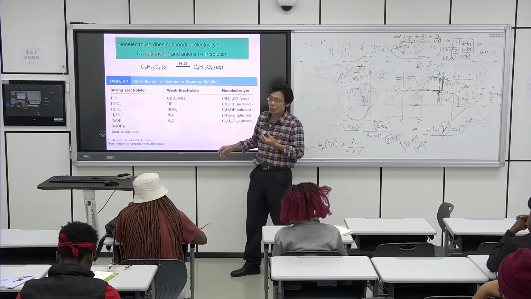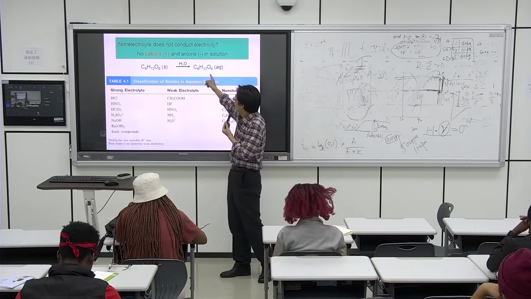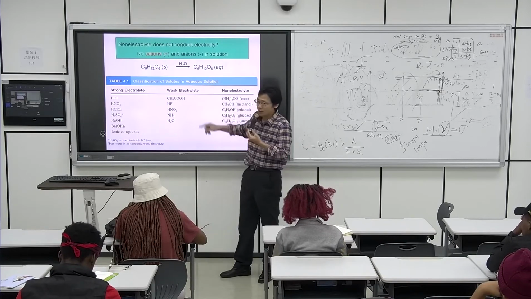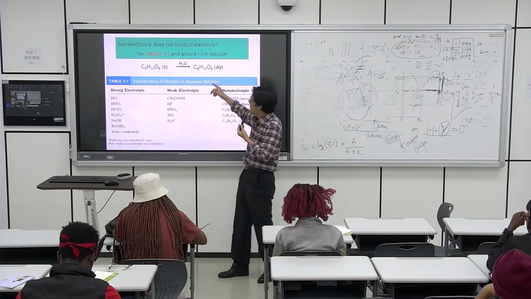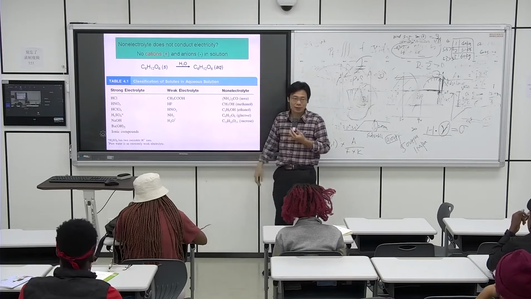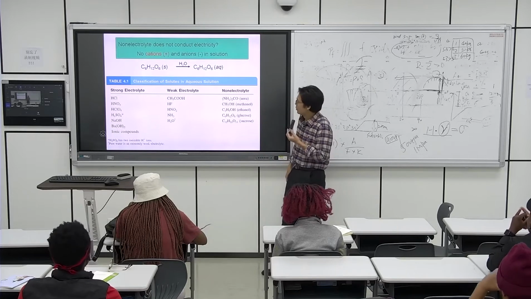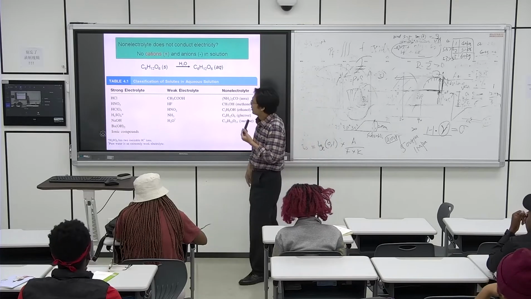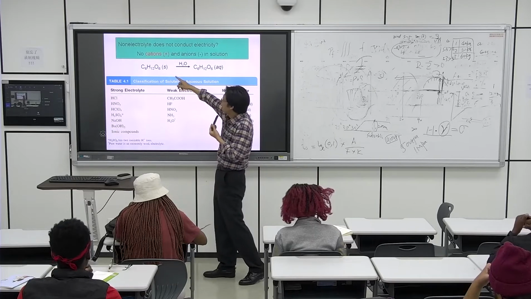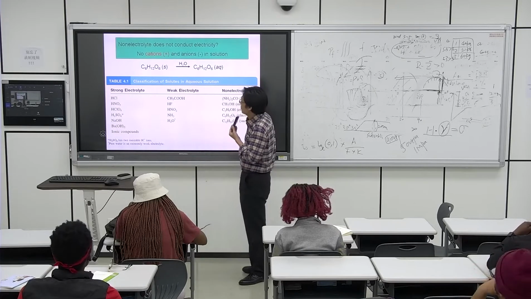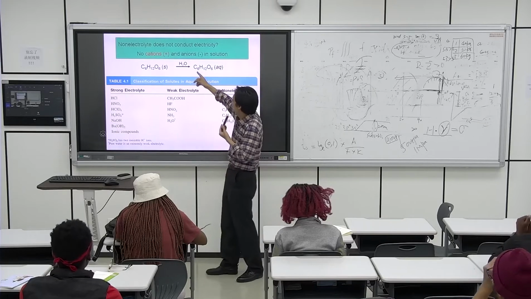When it dissolves in water, it just stays in the solution, but it will not dissociate. So sugar is a nonelectrolyte because there are no cations and anions in solution.